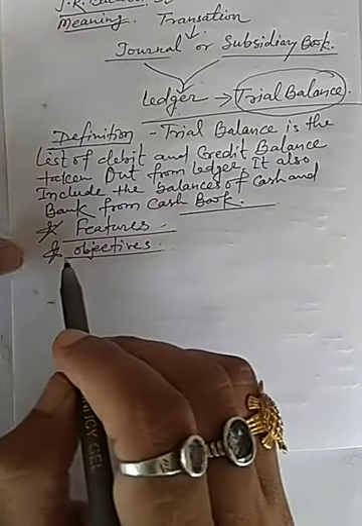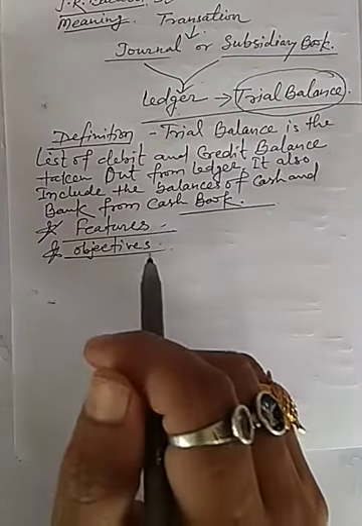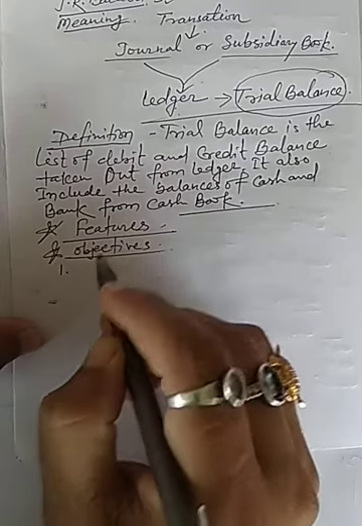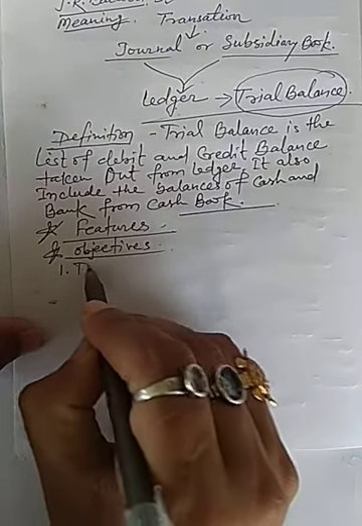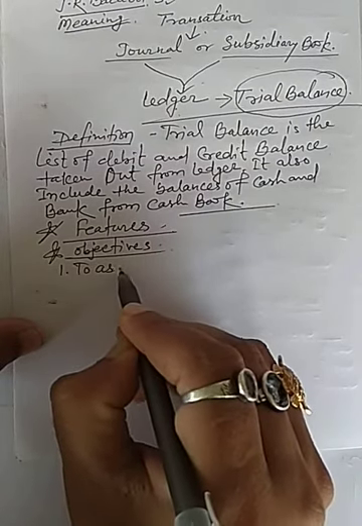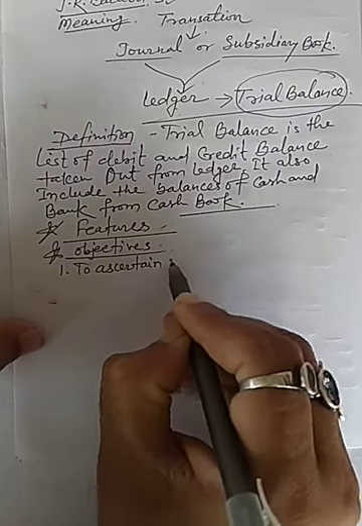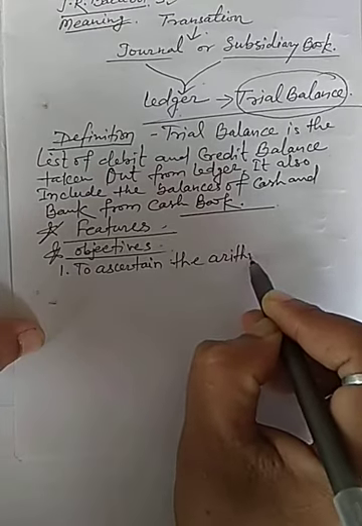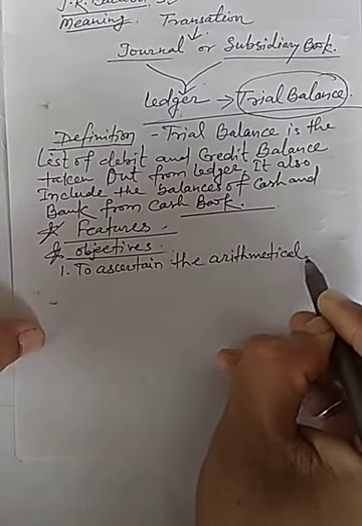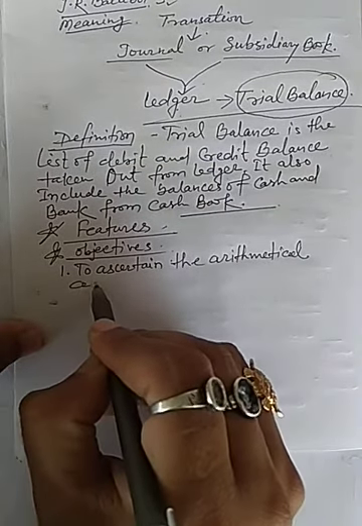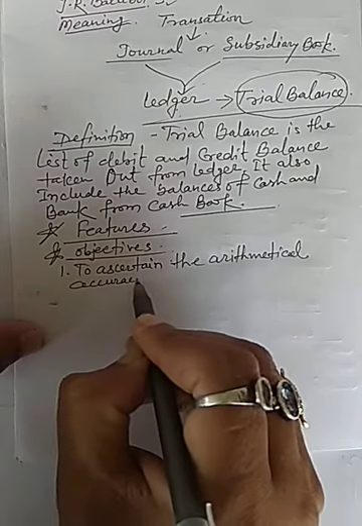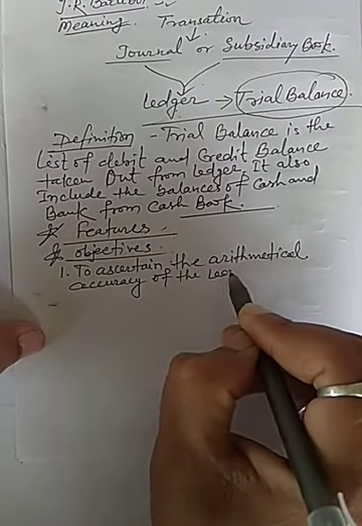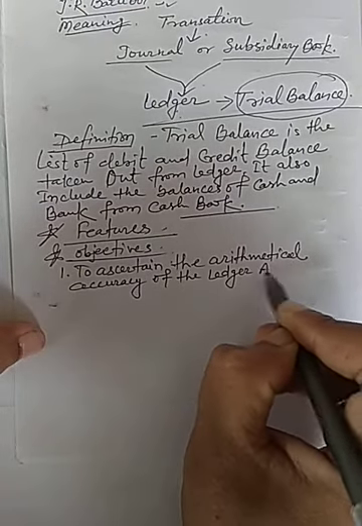Objectives and need of trial balance. First objective is to ascertain the arithmetical accuracy of the ledger accounts.